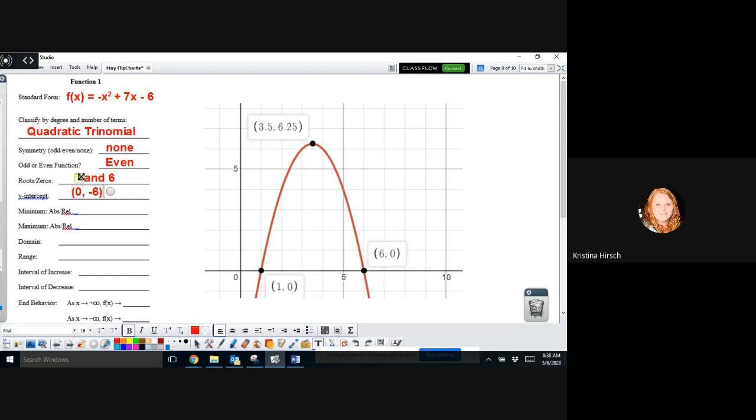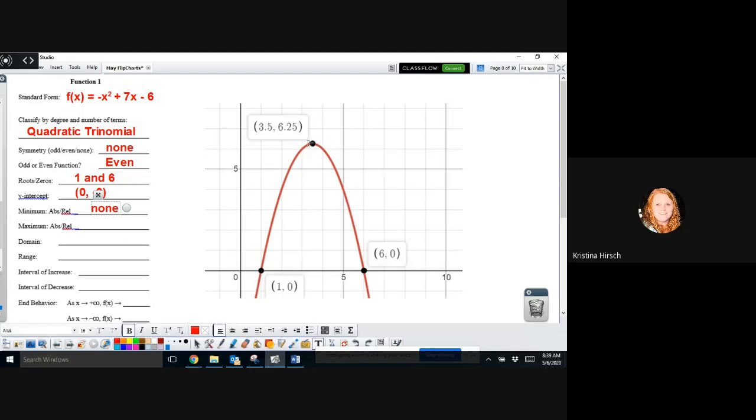All right, so then it asks for a minimum, and it can be an absolute or a relative. But because this graph keeps going down forever, there is not a minimum. You could say negative infinity, I guess, but that's not something it would ever reach. So we don't have a minimum. Then we do have a maximum.